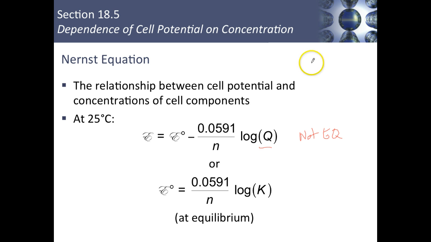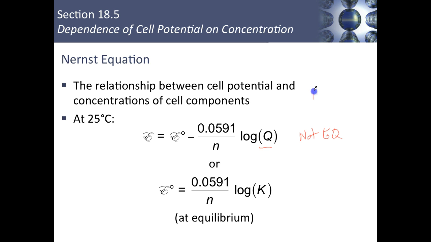Now, Q is based on what we call the law of mass action. It's looking at the concentrations that we have at that given point. Many times it helps us learn which direction we have to go to reach equilibrium, but in this case we're just going to use the concentrations of our solutions. You can usually look at the reaction to determine the overall balanced equation to figure out what's going to be on top and what's going to be on the bottom.